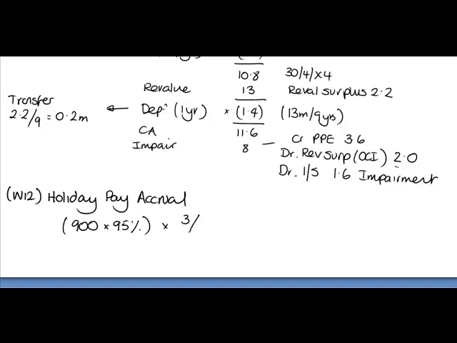They are carrying forward 3 days holiday pay out of a grand total of 255 working days, and the salary cost is 19 million. So that works out as 0.2 million debit income statement, credit accruals. You would then take that up to the income statement. You could charge it against admin or cost of sales, wherever you want to charge it. It really doesn't make a huge amount of difference. And then you can start to work out some totals.